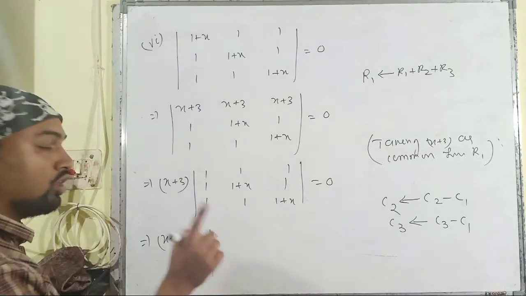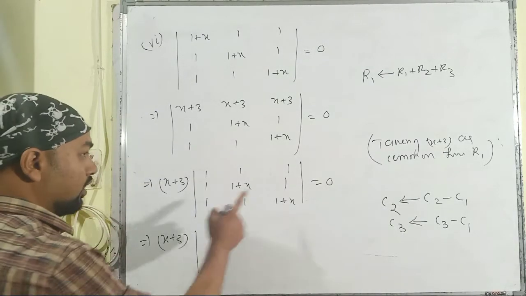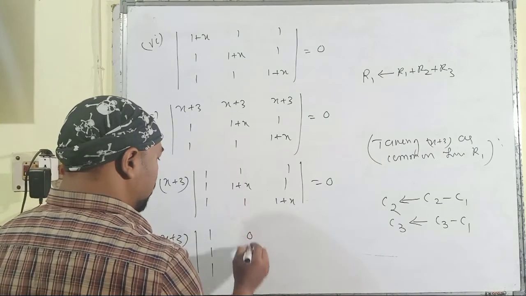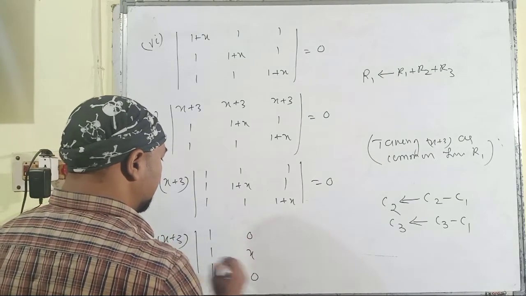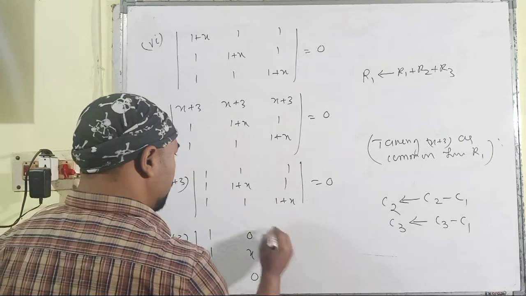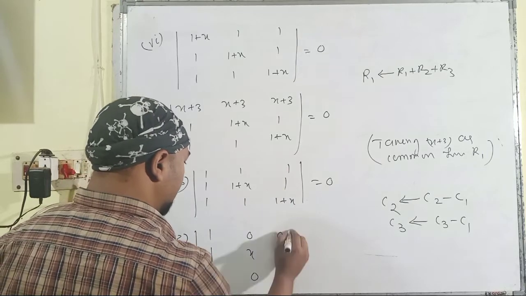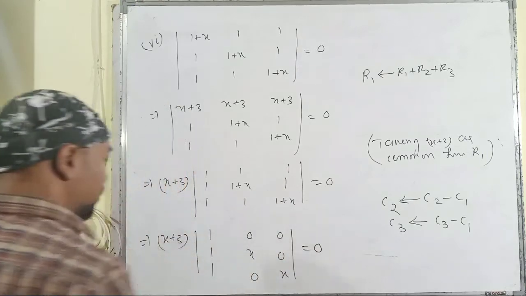Then C2 minus C1, it is 0, then it is x, then it is 0, and then 0, 0, and here it is x, and this is equal to 0.